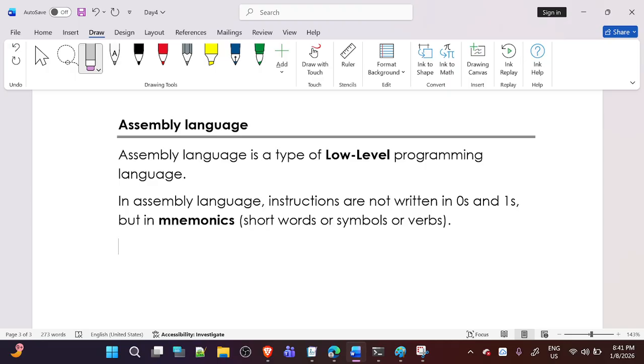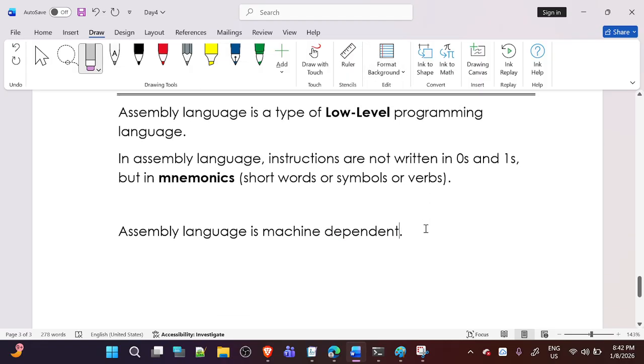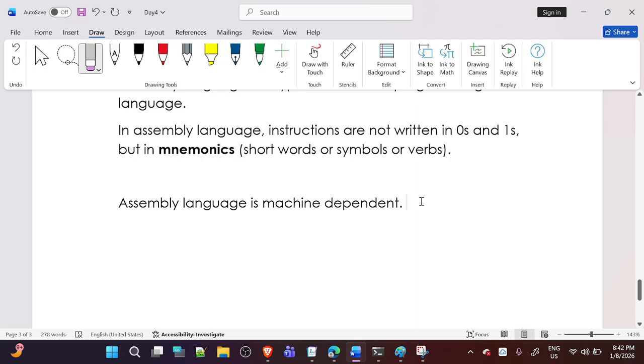Okay. So assembly language is machine dependent. Why is it machine dependent? Because it is also in the category of low level language.